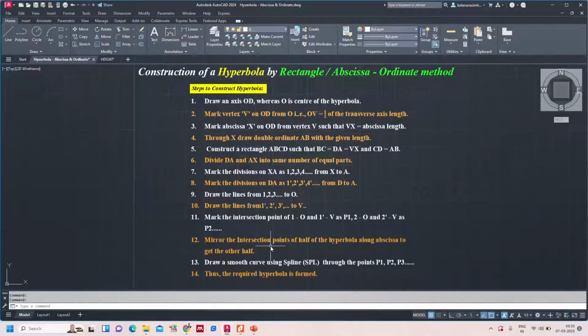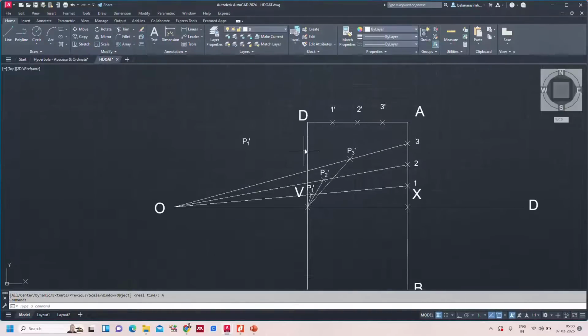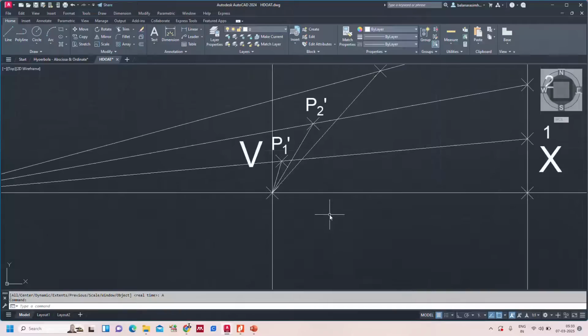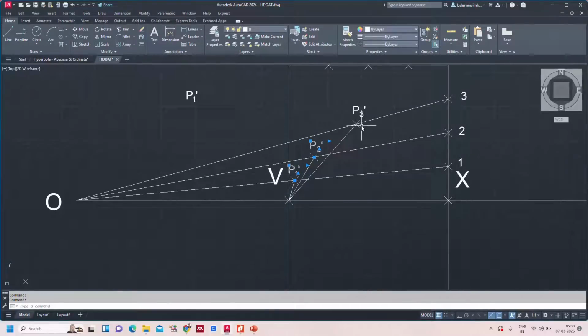Mirror the intersection points of half of the hyperbola along the abscissa to get the other half. So now this is half of the hyperbola points. To get the other half, select the point, corresponding notation, select the point, corresponding notation, select the point, corresponding notation, mirror MI, enter along the abscissa.